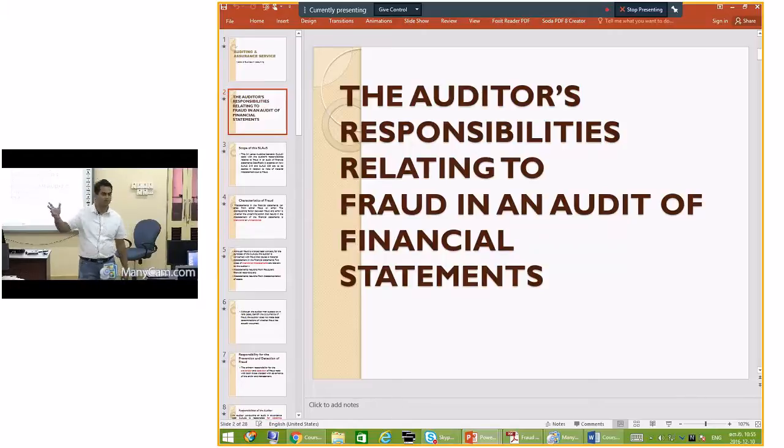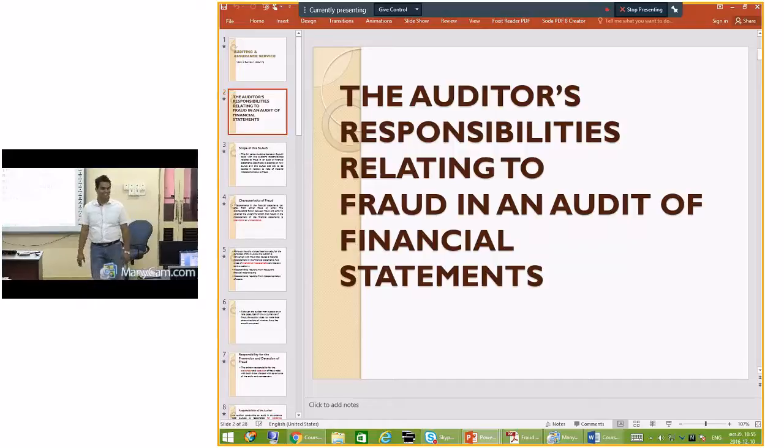Do you check the track records of your employees before recruiting? That's why you have references from non-related referees and all that, right? Police reports and everything. Do you have such a mechanism to get ethical employees to your organization? Right? You should take ethical employees, otherwise they are always thinking about how to make a fraud, how to commit a fraud, right?